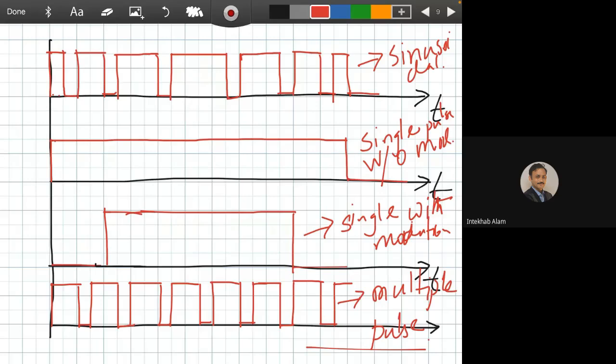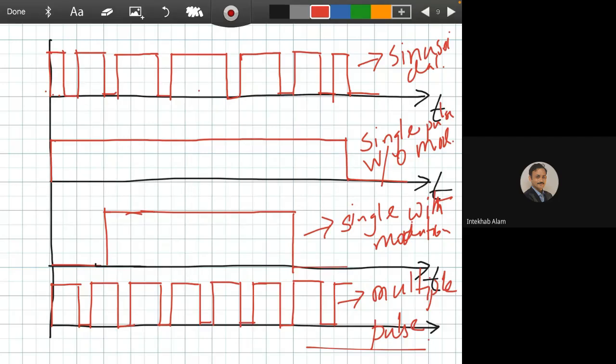Okay, the narrow pulse at the beginning and the wide pulse in the center. Okay, can you see these things, the difference? Yes, sir. Whenever we use this type of pulses, then the distortion factor and the others are also reduced, and we can make it in a good fashion using a sine wave. For that reason, we call it sinusoidal pulse width modulation.